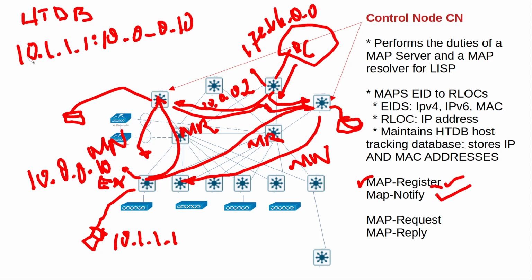So the host tracking database will include 172.16.0.0/16 maps to the IP address that corresponds to the loopback 0 that exists in this border node, which will be 10.0.0.2. So that is how the host tracking database is built.